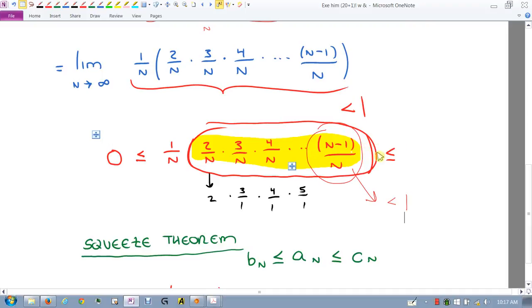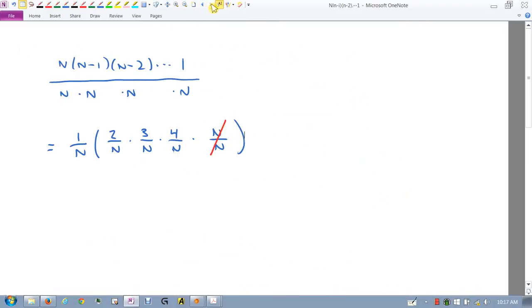Well, that's the one on this side, the n over n. Are you talking about this one right here? Yeah, so the one right before it is n minus 1 over n, right?